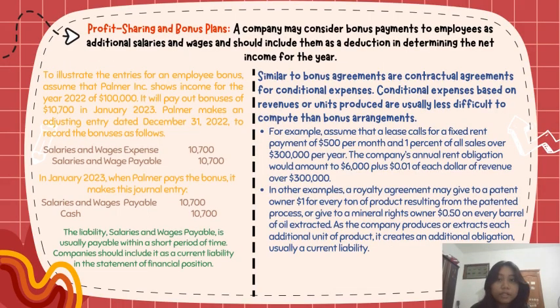The next one, we talk about profit sharing and bonus plans. A company may consider bonus payment to employees as additional salaries and wages and should include them as a deduction in determining the net income for the year.